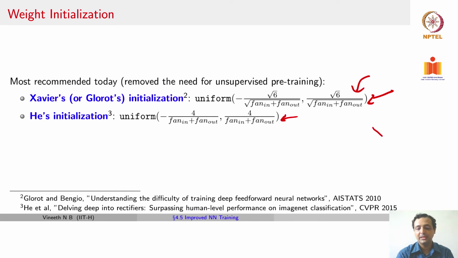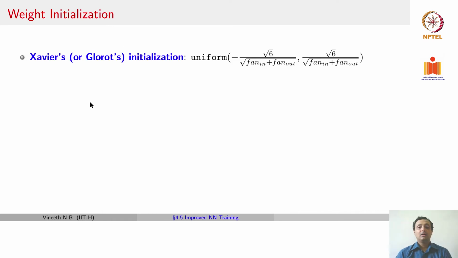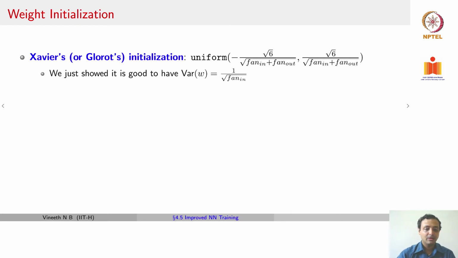These came from these two papers which were published in 2010 and 2015. Let's try to understand one of them at least in detail as to how that range came through. Let's now derive how Xavier's or Glorot's initialization was derived. We just now showed that it is good to have the variance of W to be 1 by root fan-in.